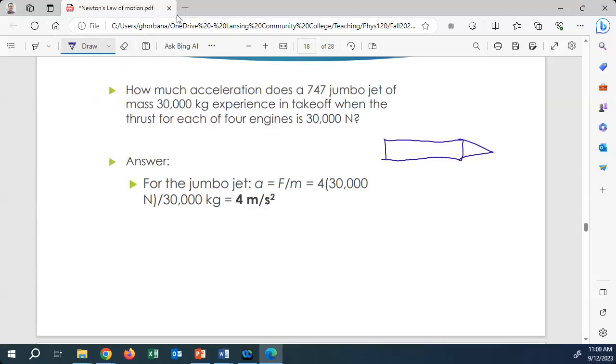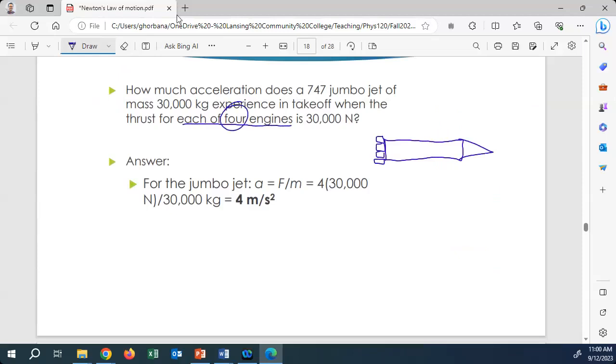How many engines are there? Four engines. Sometimes you miss this. That's why I'm telling you, it's better to read the question with all details. Let's say we have one engine, two, three, and four engines.